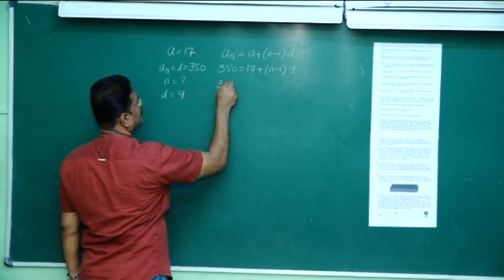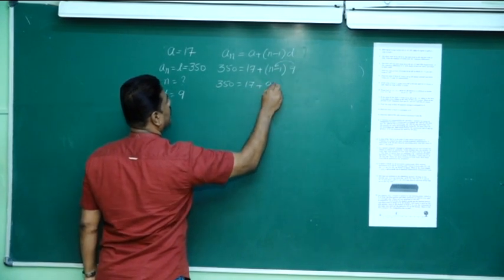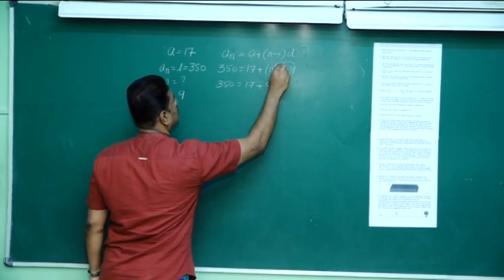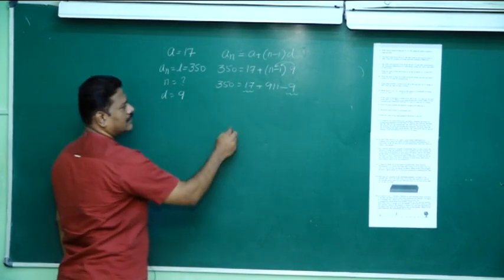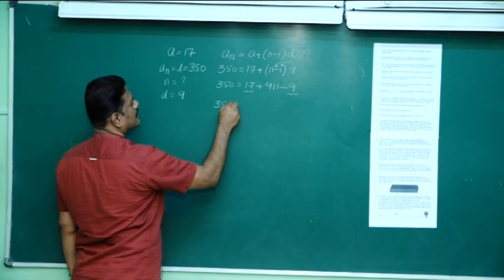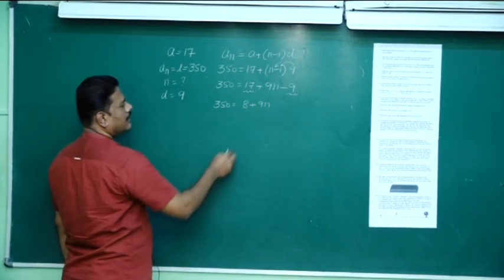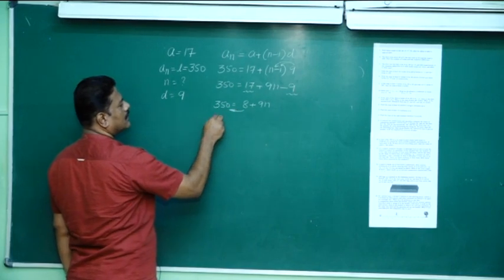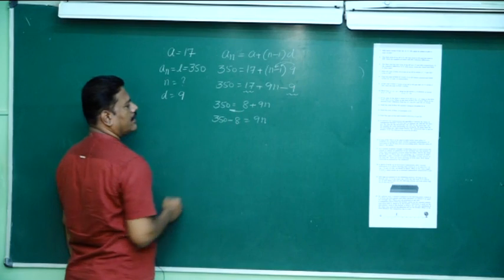Now simplification. 350 = 17 + 9n - 9, 9 ones are 9. Now you simplify 17 minus 9. What is 17 minus 9? It is 8. 8 plus 9n. Then you transpose this. 350 minus 8 is equal to 9n.